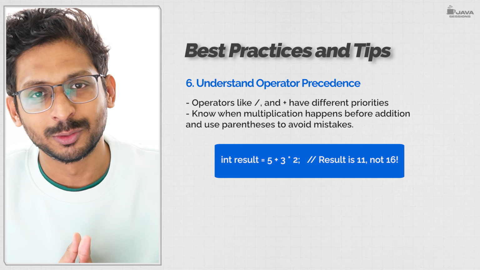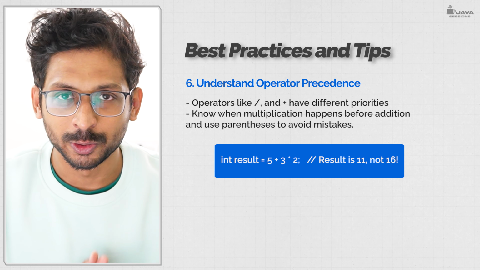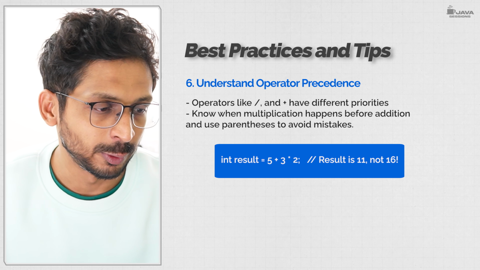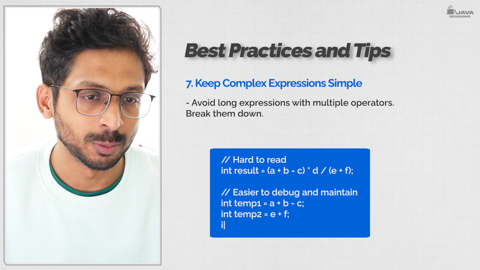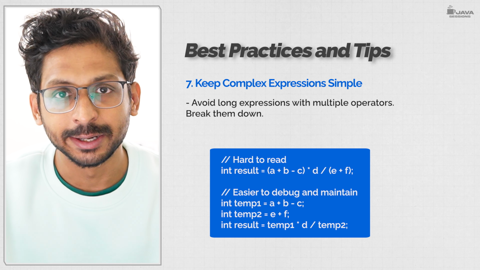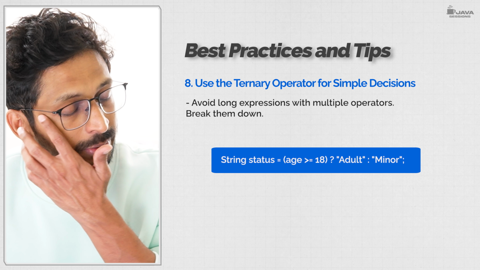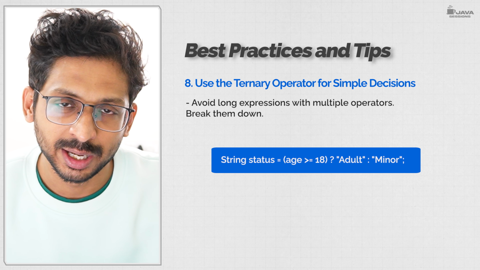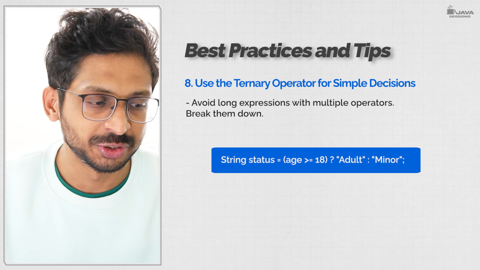It is also a good practice to encapsulate them in parentheses to define the order of operations you want to perform. Keep complex expressions simple. Avoid long expressions with multiple operators. Break them down into different steps so that it is easier to read and debug as well. Use the ternary operator for simple decisions. The ternary operator helps you define one line conditional statements. So use it whenever you need to perform any simple decisions.